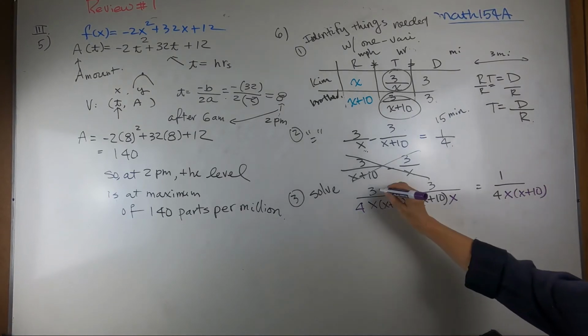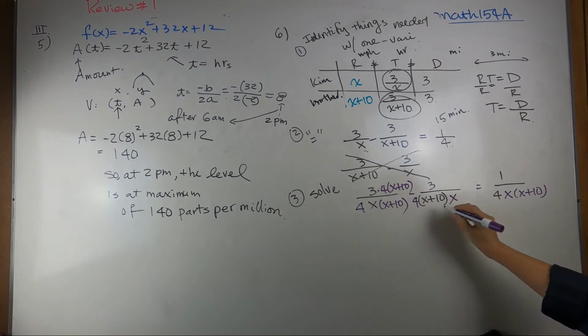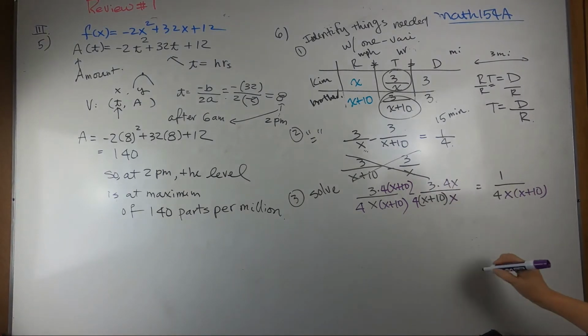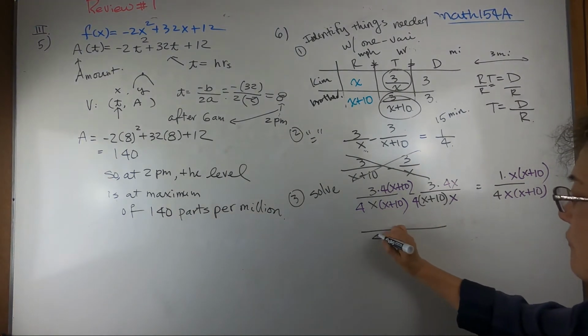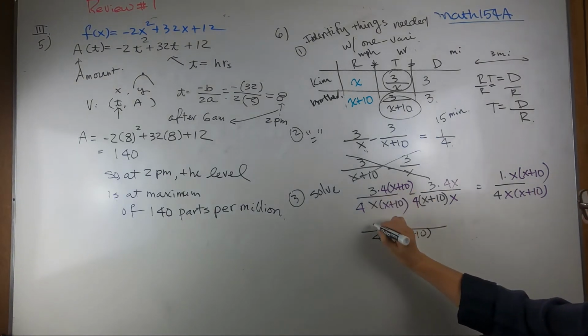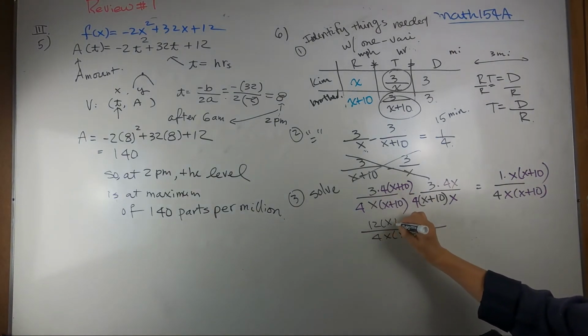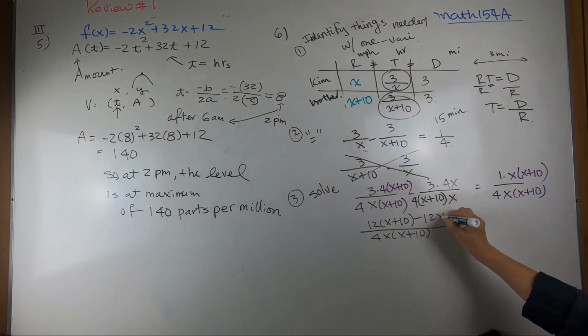So this extra, you put it here on the top. 4 and x, you need to put it on the top. This 1 times extra, right? To solve your rational equations. So with 4x plus 10 as LCD, the top will be 12 times x plus 10, minus 12x.